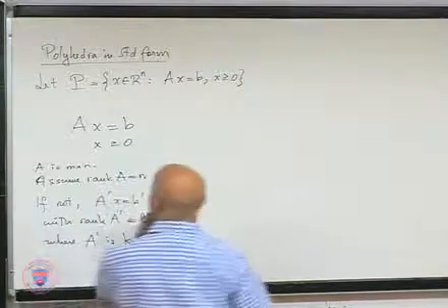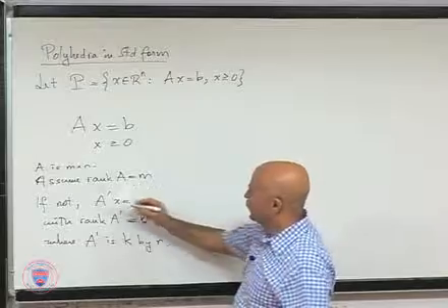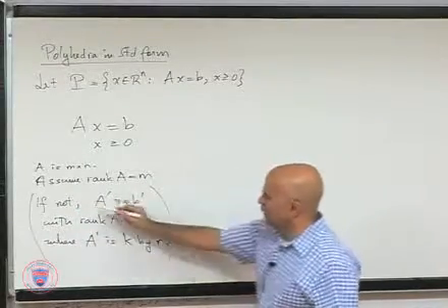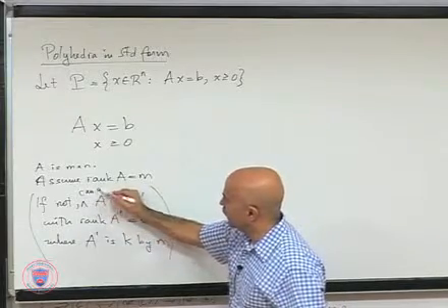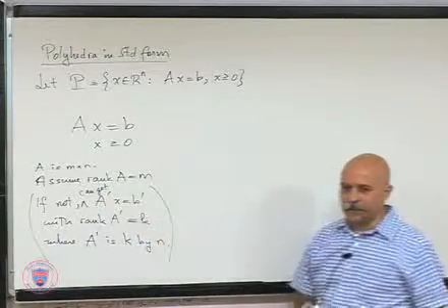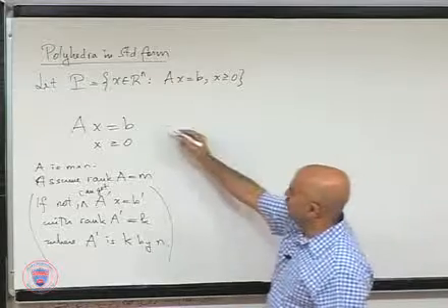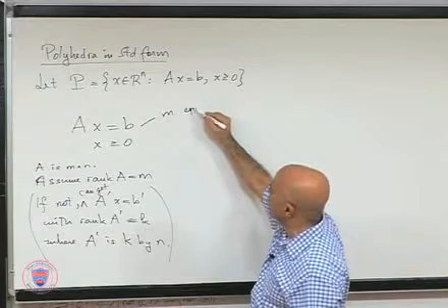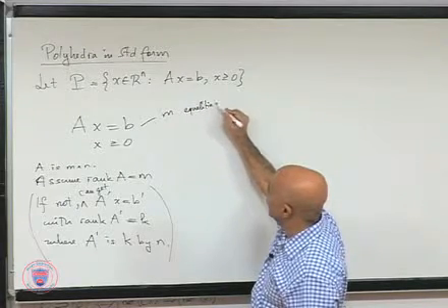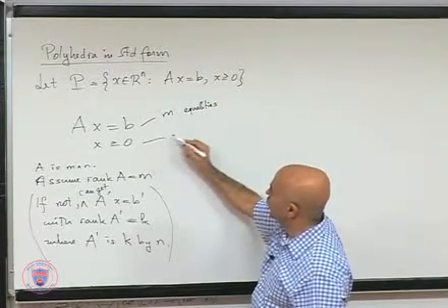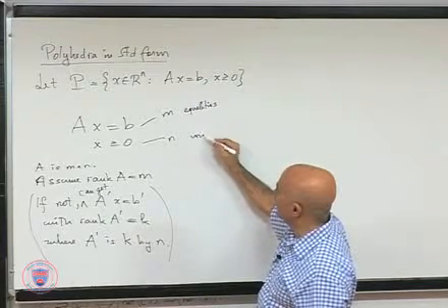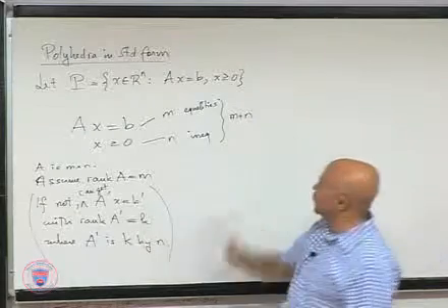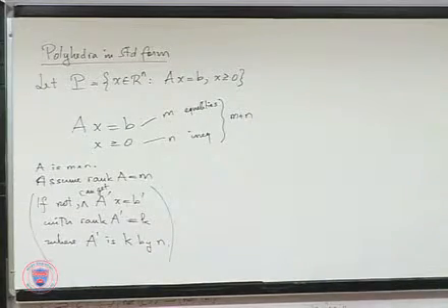With this assumption, we get by elimination this kind of system. I've got m equality constraints and then n inequalities, so the total is m plus n inequalities.